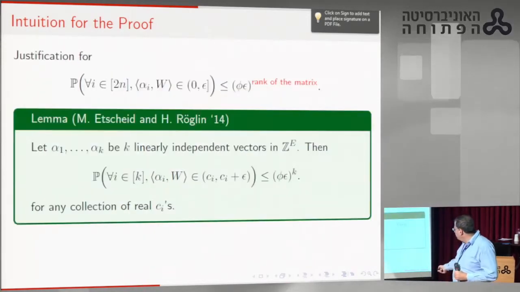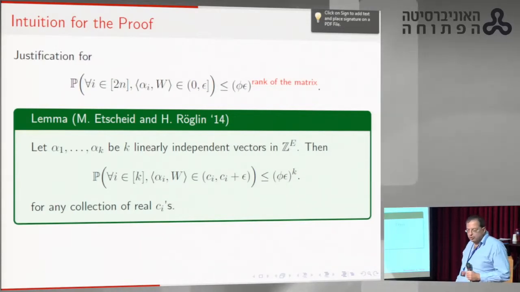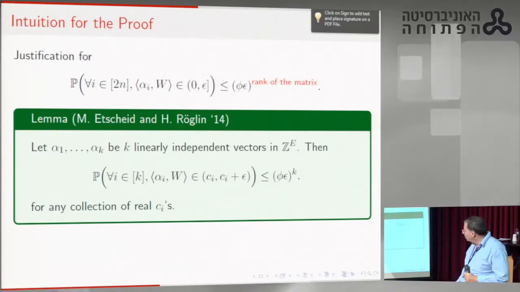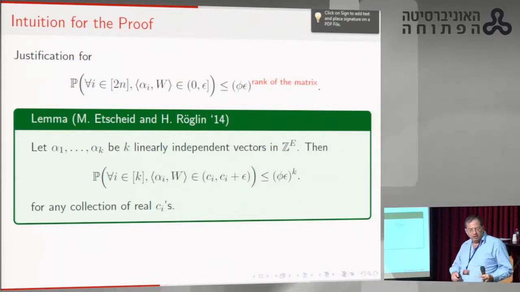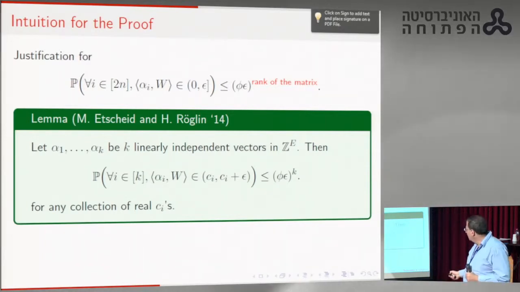So let me say the place they come in is that this is really the issue. If these vectors, alpha 1 to alpha k, which are -1, 0, 1 valued vectors, are linearly independent, then you are fine. Linear independence in this case gives you statistical independence. And so this is a lemma.